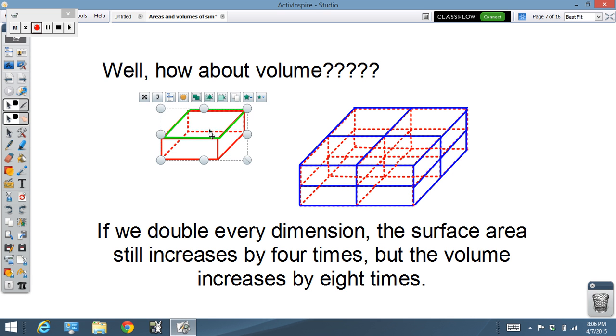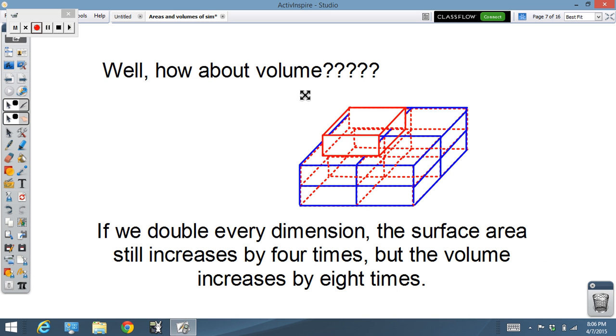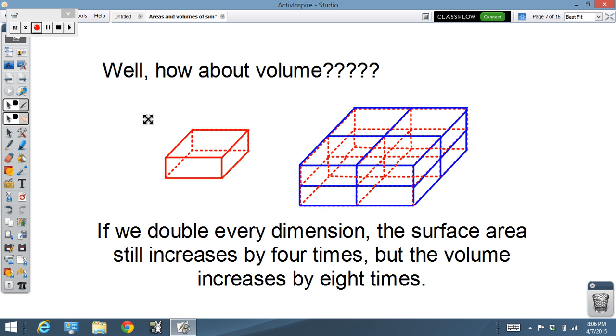I can fit not just 4 of these little red boxes into the new figure. I can actually fit 1, 2, 3, 4, 5, 6, 7, 8 of those boxes into the new figure. That means if we double every dimension, the surface area increases by 4 times, but the volume increases by 8 times.